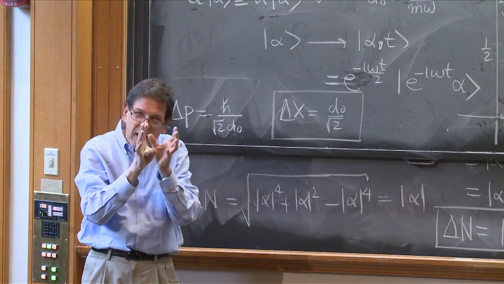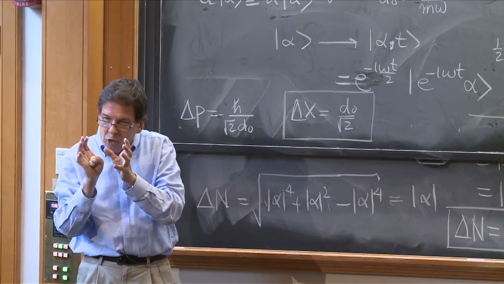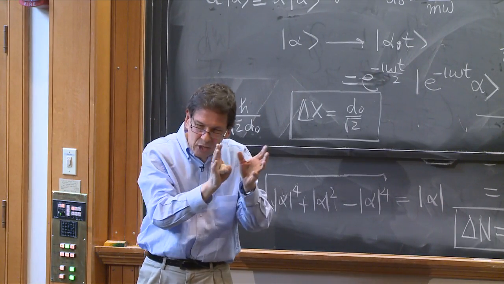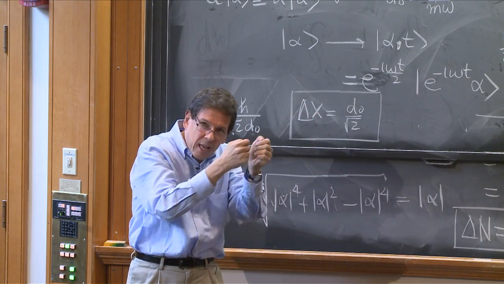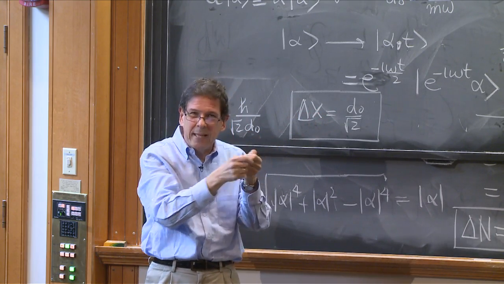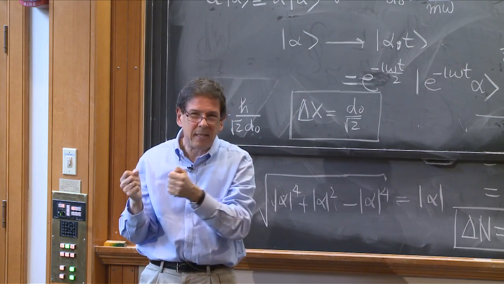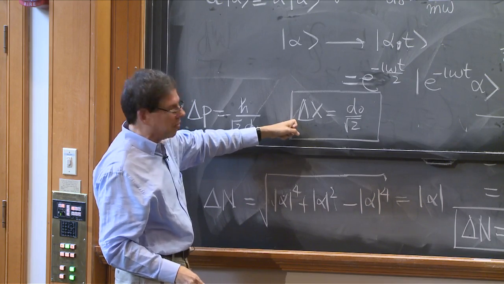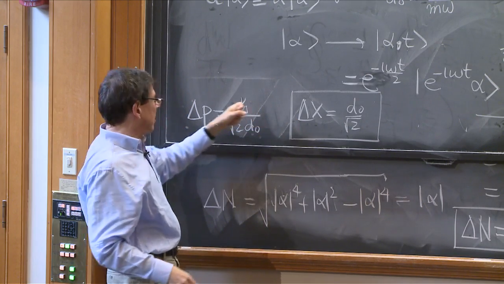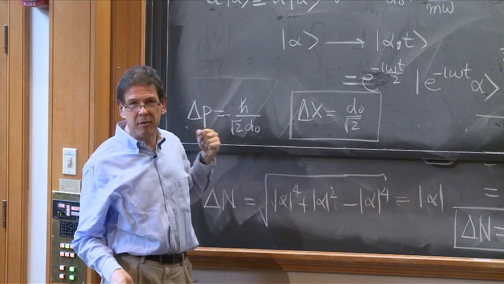The uncertainty of x doesn't talk about what the expectation value of x is. That changes when you move a state, but how much the state is spread is not changed by a translation. So this is the old result for the ground state uncertainty, and neither is changed.